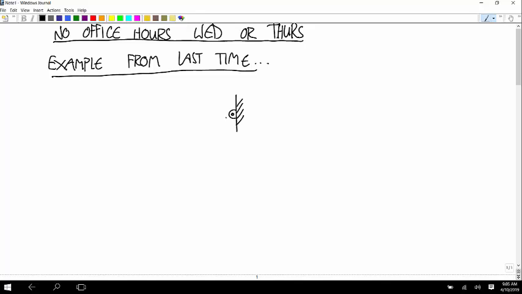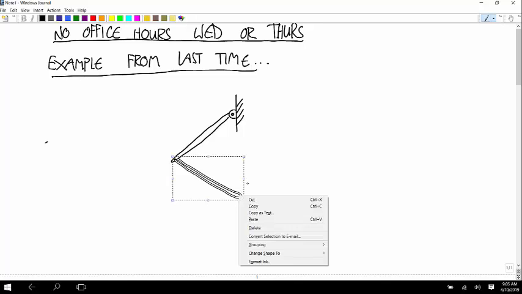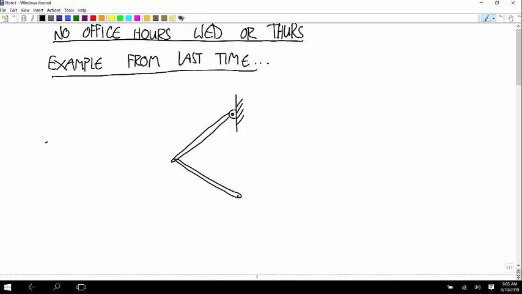You have a hinge connected to a linkage like this. The bottom pin slides in a slot, and there's a 600 Newton force there.